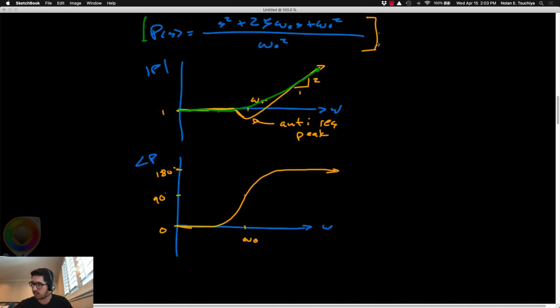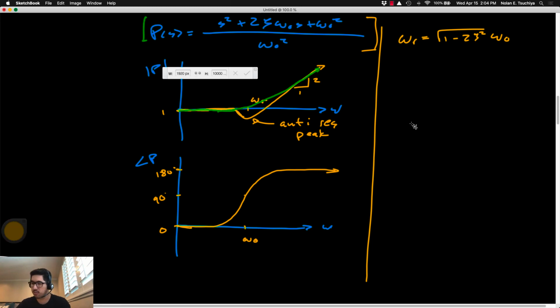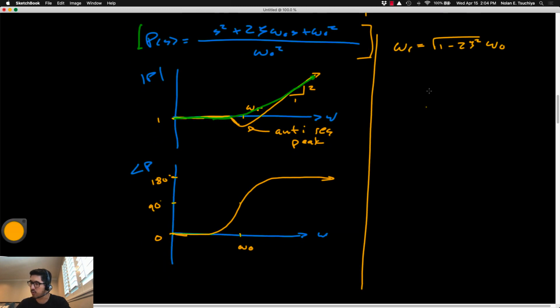Okay, so again, the formula is the same for whether there's resonance or anti-resonance. Omega r is equal to omega naught times the square root of 1 minus 2 zeta squared. Did I put the squared above? I did. Okay. So this is a formula for resonant frequency or anti-resonant, right?